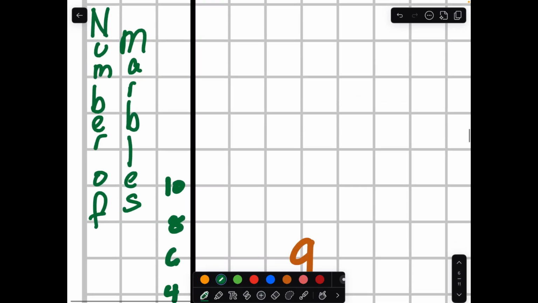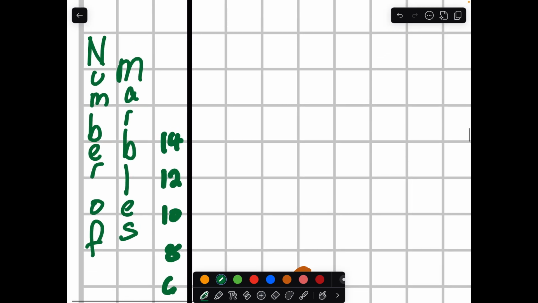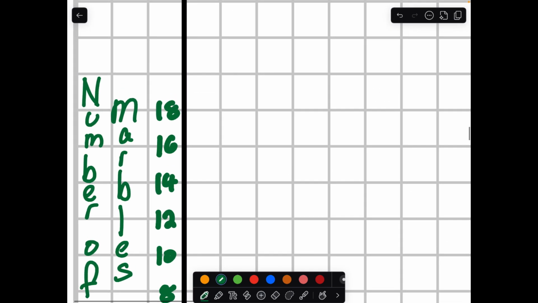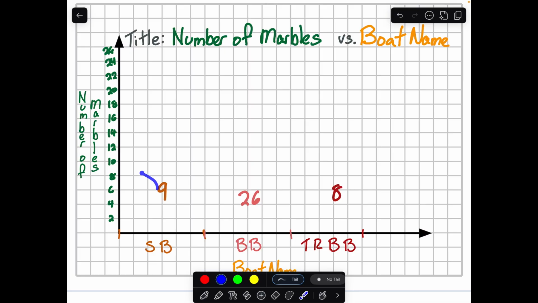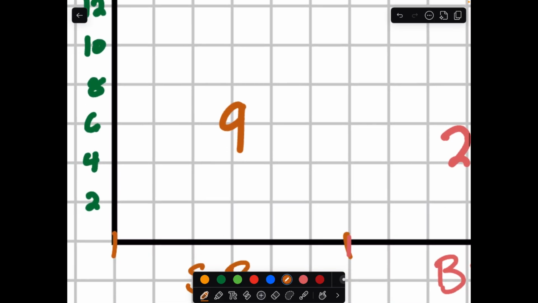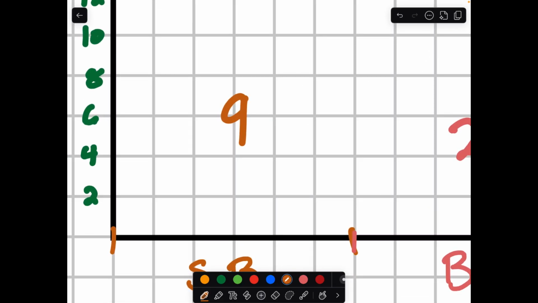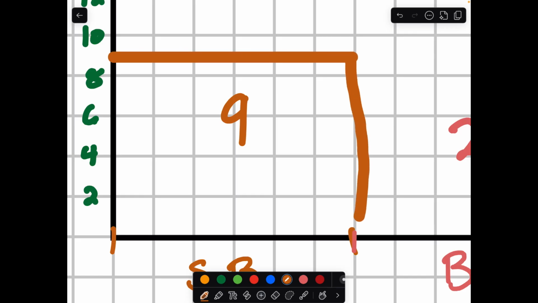Notice that I'm putting my numbers on the lines because it is the lines that represent these numbers. Where is the number 9 here? It's going to be right in between 8 and 10. I'm going to draw a line here and here.